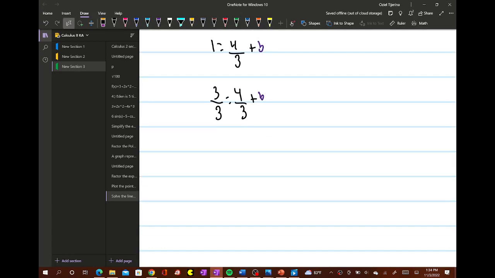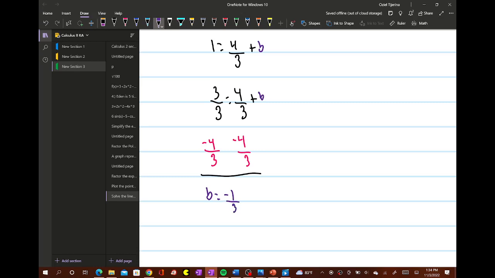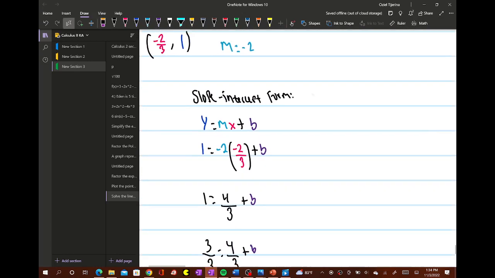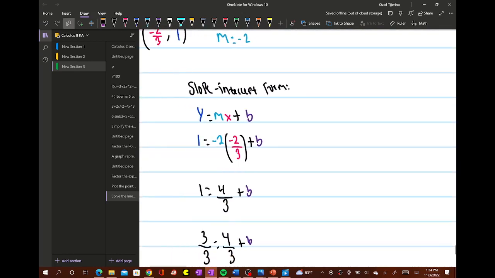To solve for b, subtract 4/3 on both sides, and you get that b is equal to -1/3.